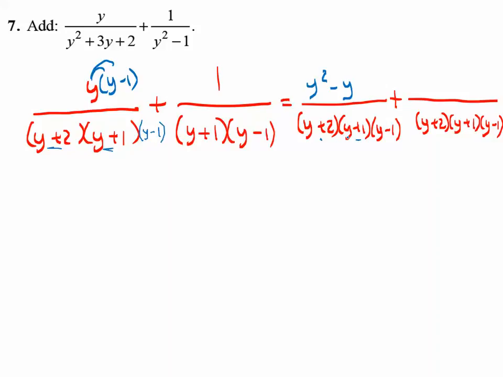Alright, the second fraction, put on this one here. So again, I want to make these exactly the same. That's the whole point here. So y plus 1, y minus 1 is already here, and here the new piece is the y plus 2. So I'm going to multiply y plus 2, and I'm going to multiply this side by y plus 2.